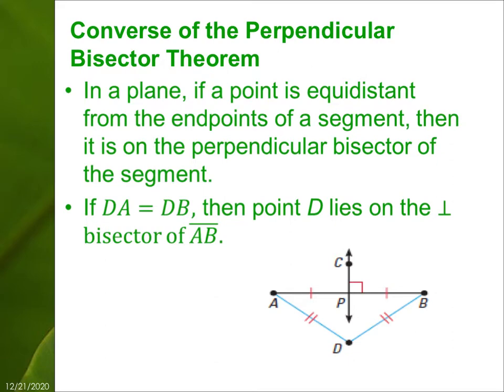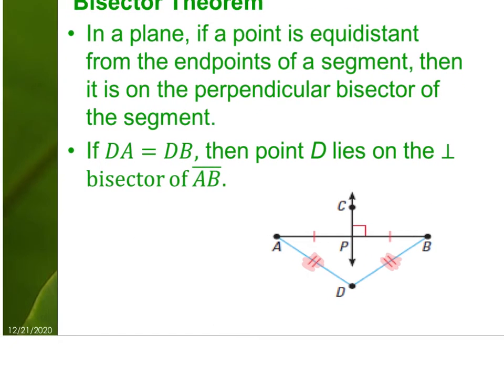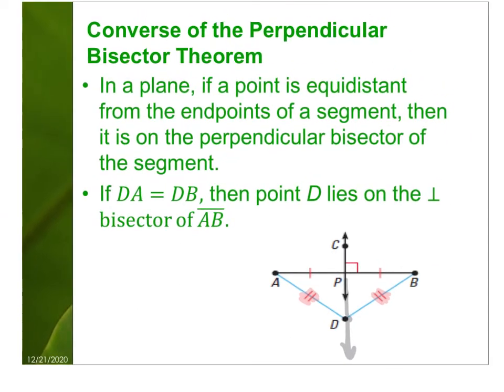So here, if DA is equal to DB, then I know that point D is going to be on the perpendicular bisector of AB. Remember, you can take this perpendicular bisector, it's a line, and you can continue it, and you could see that point D would be on the perpendicular bisector. This is like the other way around. It's the converse. They just switch the if and the then.